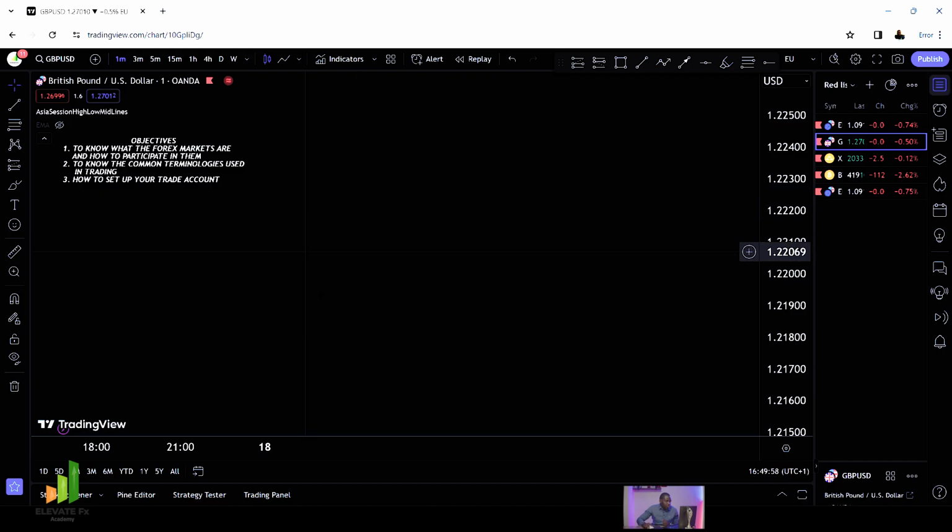So what are the things you are going to need to be able to trade Forex? First of all, you need a charting software. And second of all, you need a broker. I'm going to go ahead and explain what those two terminologies are. A charting software is more like what you see on your screen right here. This is TradingView.